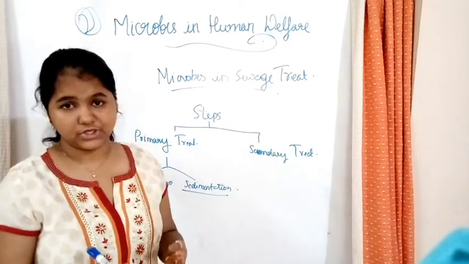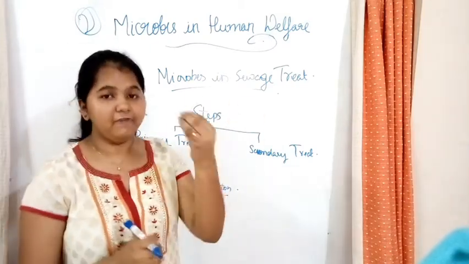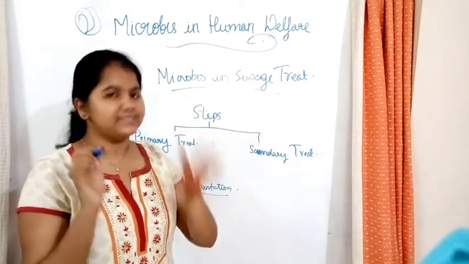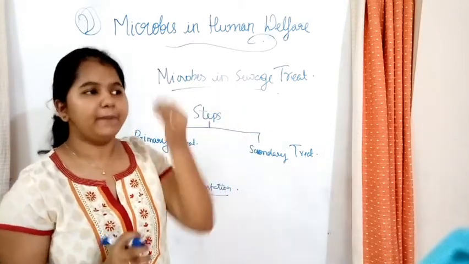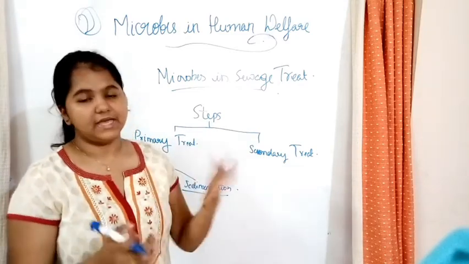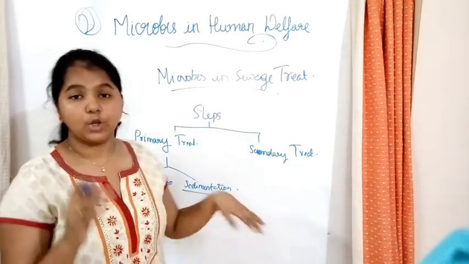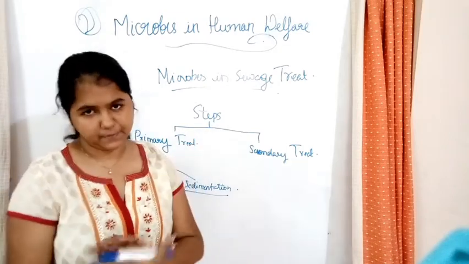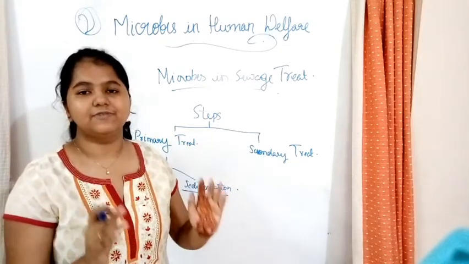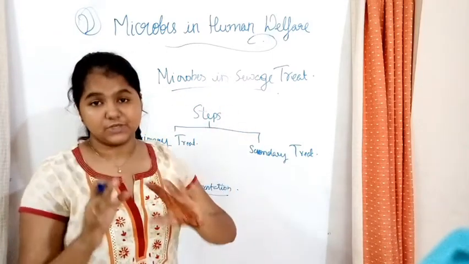What is sedimentation? It is the settling down of solute particles under the influence of gravity. Actually, only a colloid would show this property. After sedimentation the effluent is transferred to the secondary treatment tank.